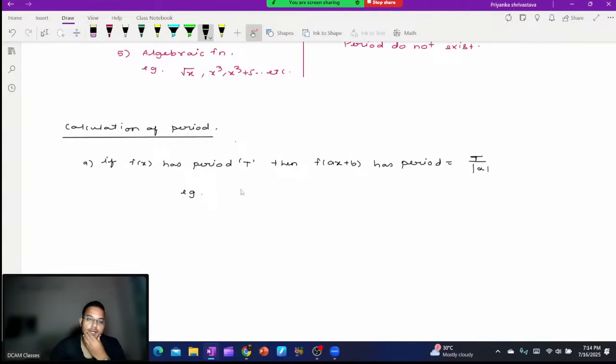Example, sin x. If I ask you what is the period of sin 2x, what will you say? Two pi by 2, it's pi.